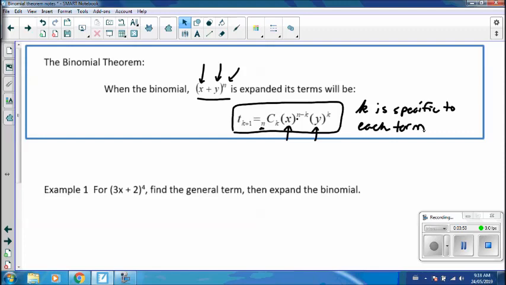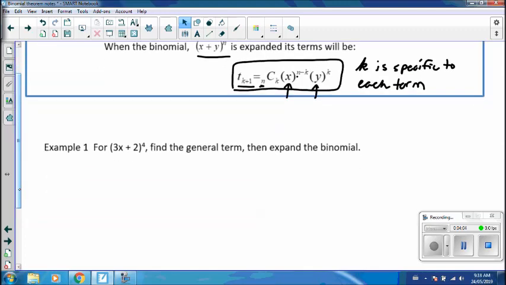And the other thing is that we notice it's listed term k plus 1. So if I was looking, say, in this example, say if I was looking for term 3, that is term k plus 1, then k would be equal to 2 if I'm looking for term 3.